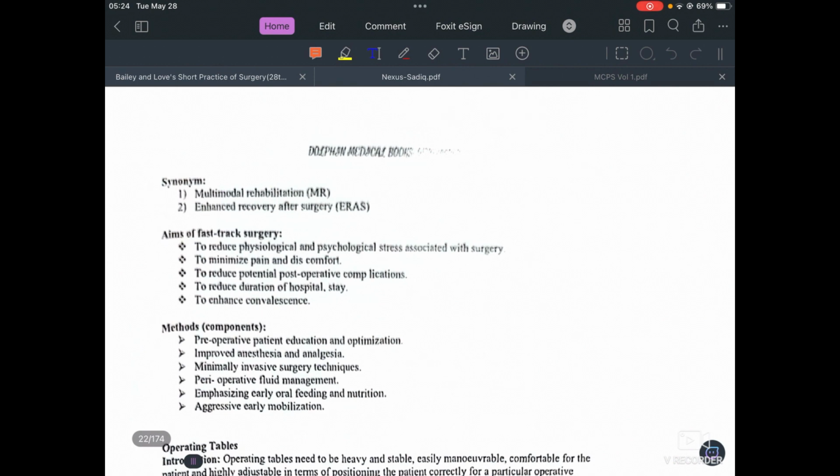Synonyms: multimodal rehabilitation, enhanced recovery after surgery.